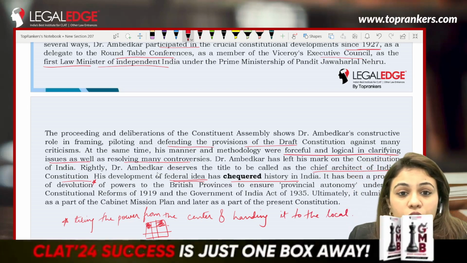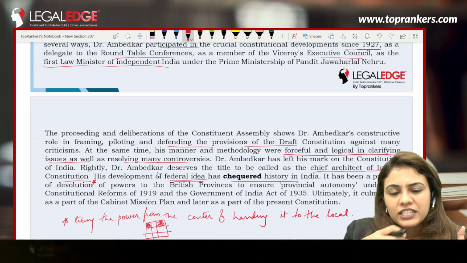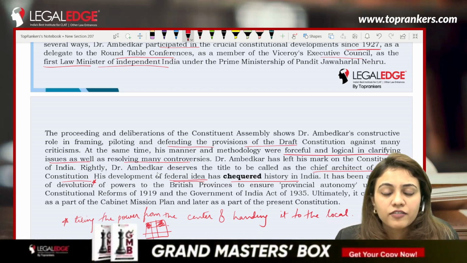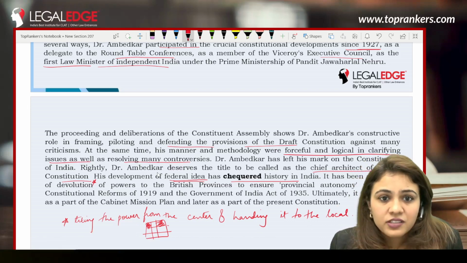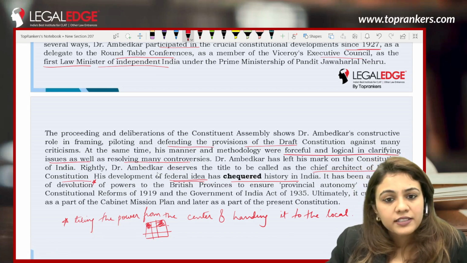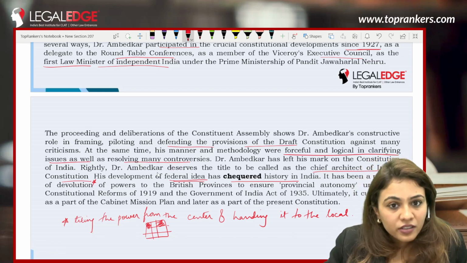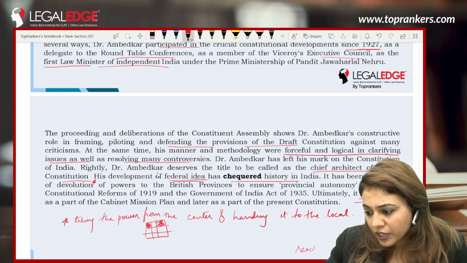So they also tried to, wherever it was necessary, take the power from the center and give the local authorities the kind of importance as well as responsibility that they deserved. And also, as we can see, ultimately, it all culminated in a wonderful way. The meaning of the word culmination means reaching its highest point.